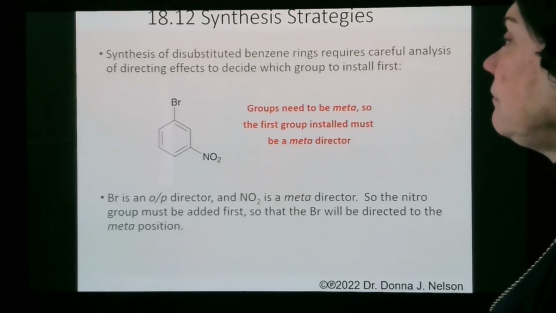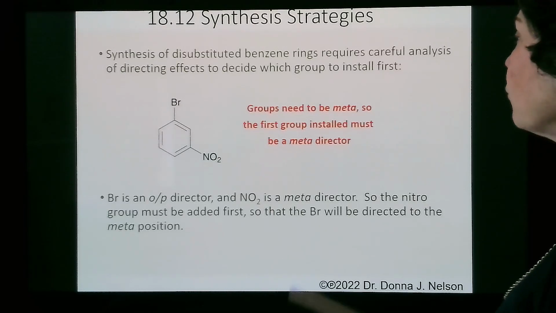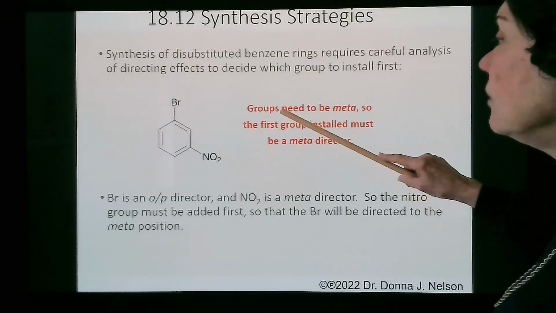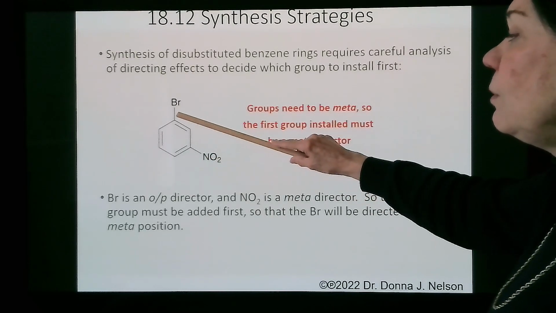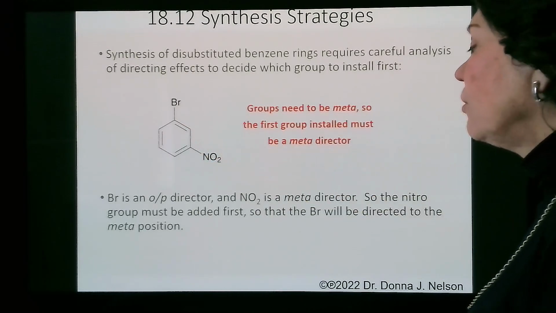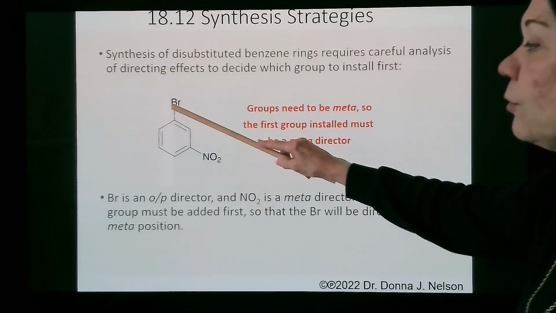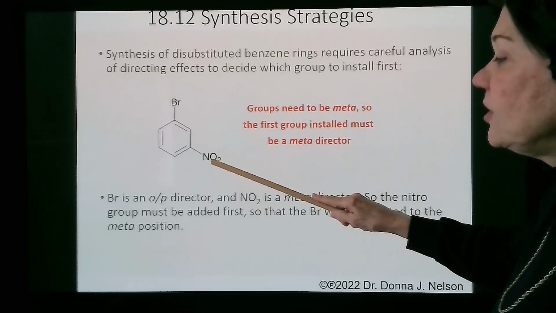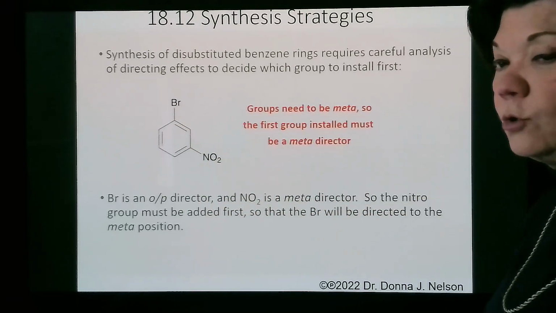So, let's look at some strategies. The synthesis of benzene rings requires careful analysis. So, look at these two groups. You will not add both of the groups simultaneously. One will be added first, and the other will be added second. And so this is an ortho-para director, this is a meta director, and the two groups are meta to each other.